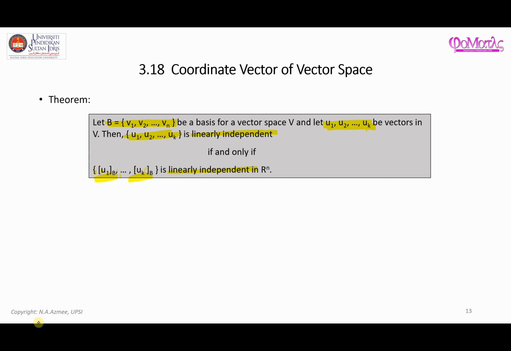Well, how can we draw this idea? Basically, we have a vector space.